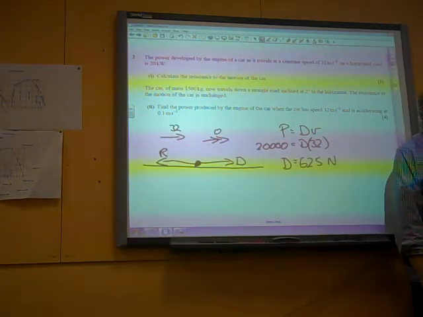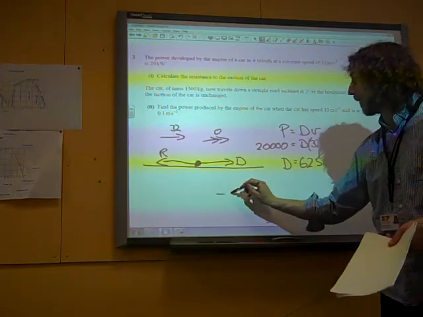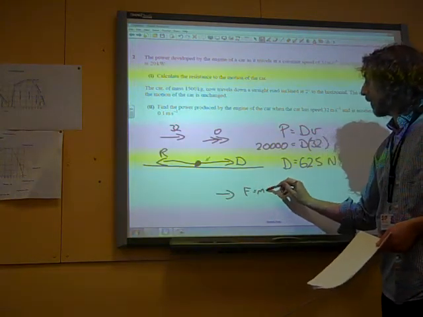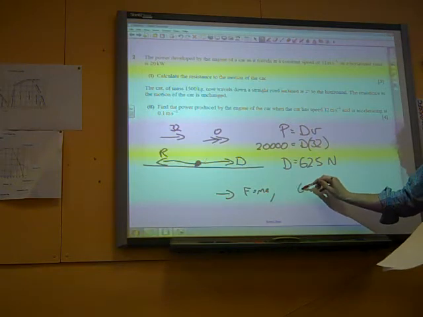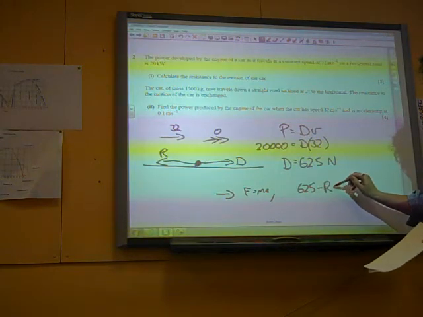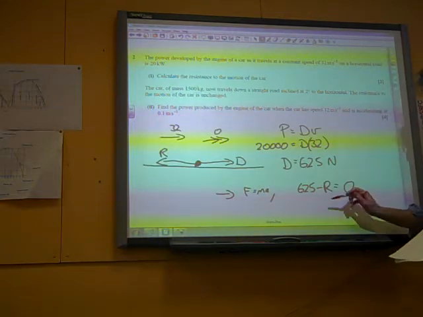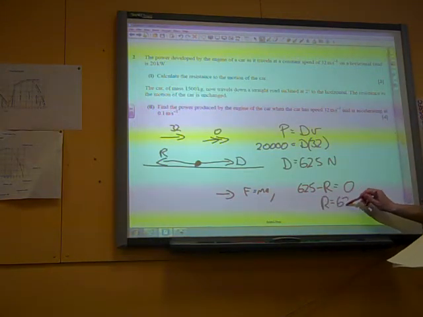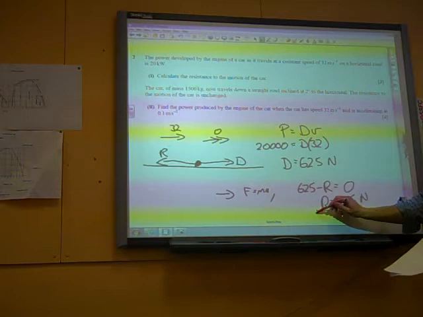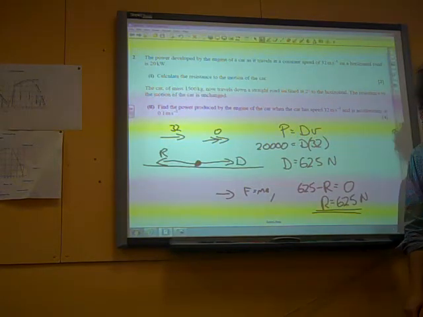Now we're using Newton's second law, F equals ma, to say that 625 minus the resistance is equal to the mass times 0. So the resistance must also be equal to 625 newtons. There we are. Fairly easy marks to begin with.